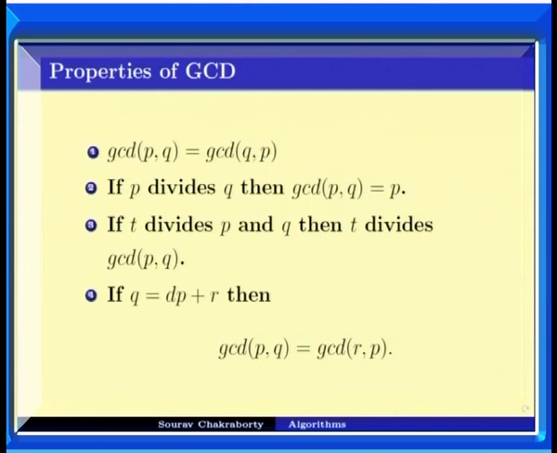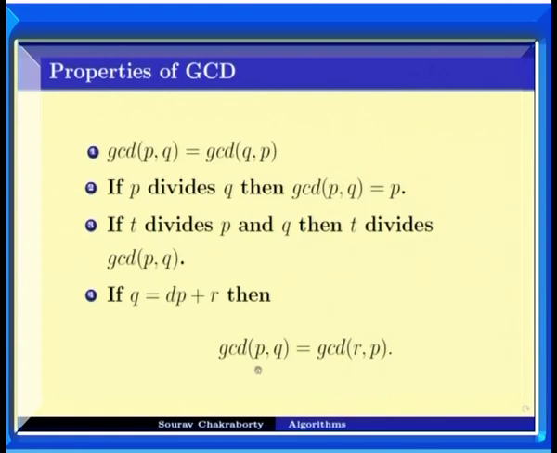If I write q as some integer d times p plus r, in other words, you can think that I divide q by p, where d is the quotient, which is the answer I get after dividing, and r is the remainder.